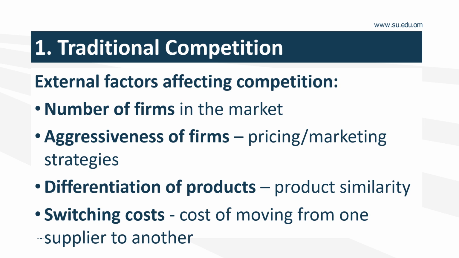Differentiation of products, meaning the similarity of the products. So the company has to think about how to make it different from other products, even though it's a similar product. And switching costs, the cost of moving from one supplier to another.